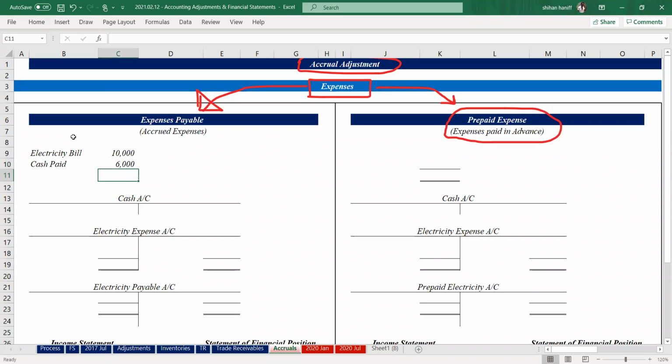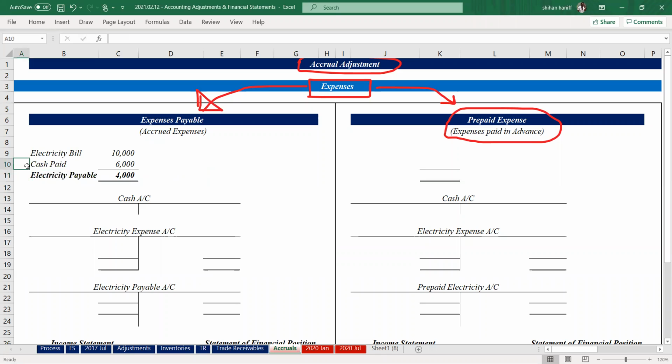The total bill is 10,000 and we are paying only 6,000. So the difference, 4,000, is electricity payable, which is a liability.